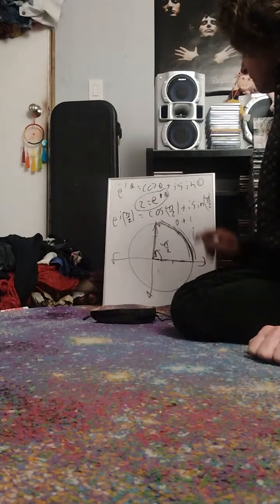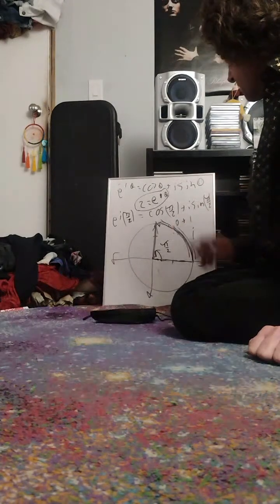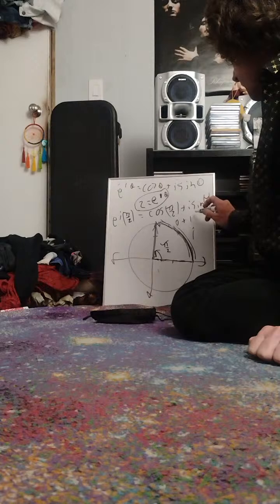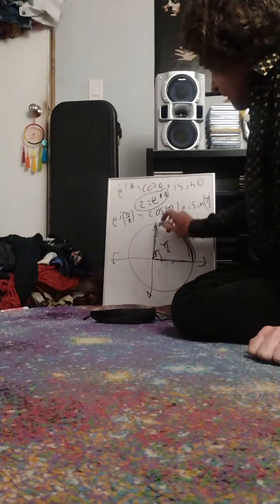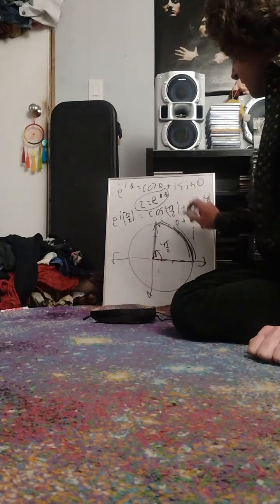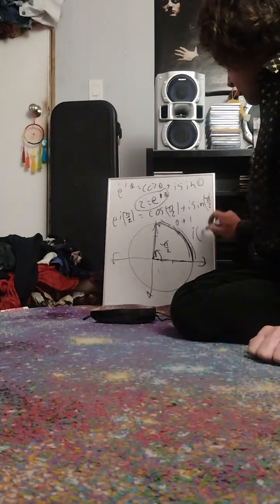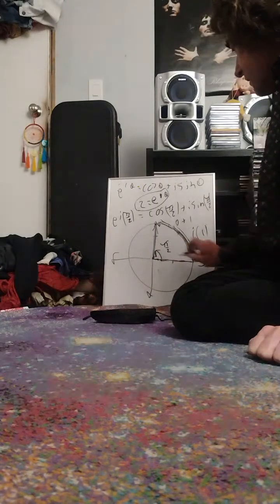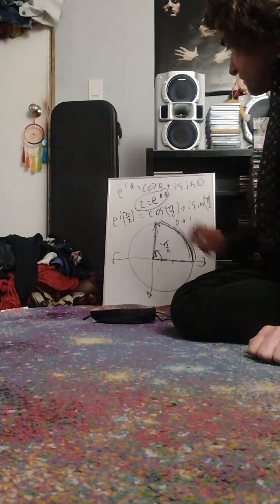So that would be 1. So cosine pi over 2 is 0 plus i sine pi over 2, which is just 1, so that equals i. So this number right here is i, but we already could tell that because the x is the real value, which is 0, and the y is the imaginary value, which in this case is 1 because we have a unit circle.